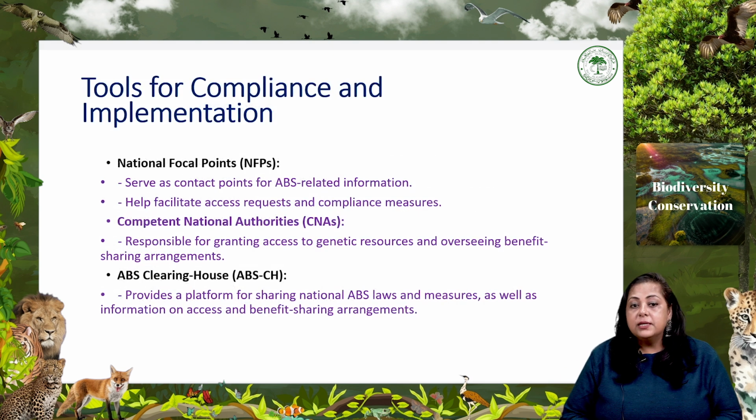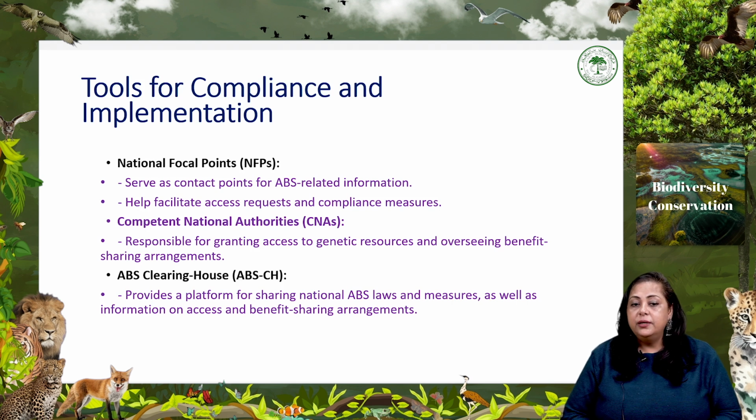Tools of compliance and implementation. What are the tools? The national focal points serve as contact points for ABS related information. Every nation is responsible. They help facilitate access requests and compliance measures.